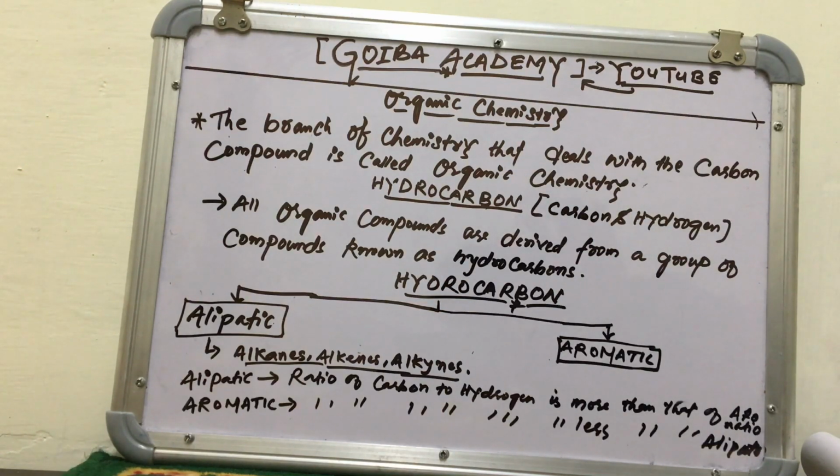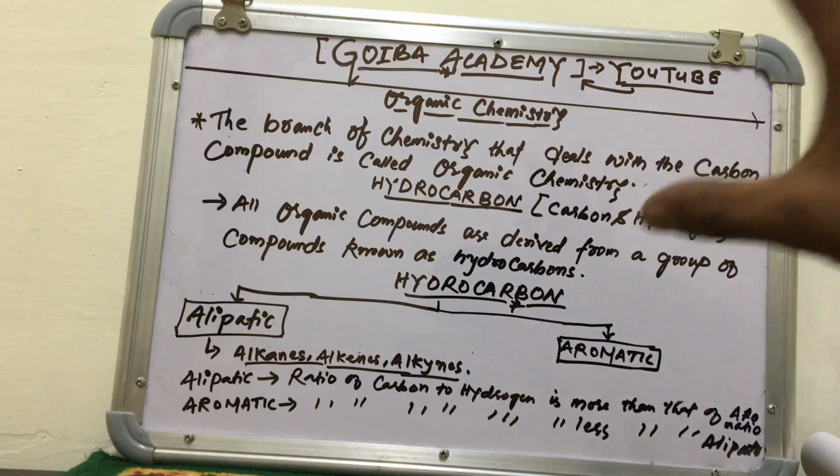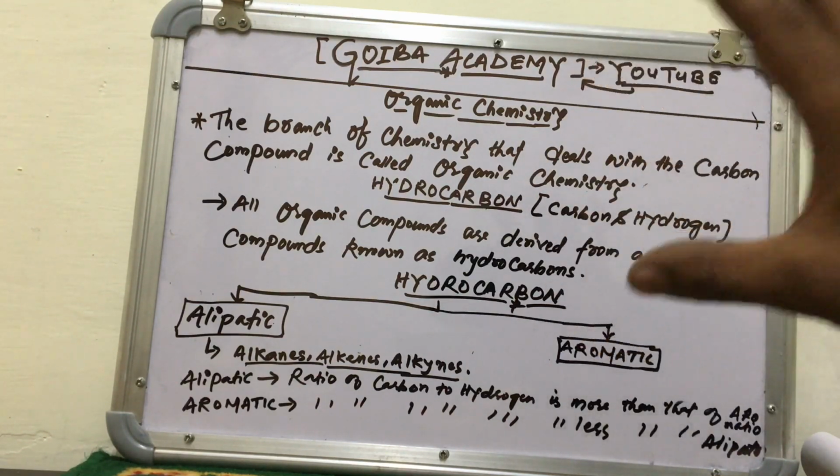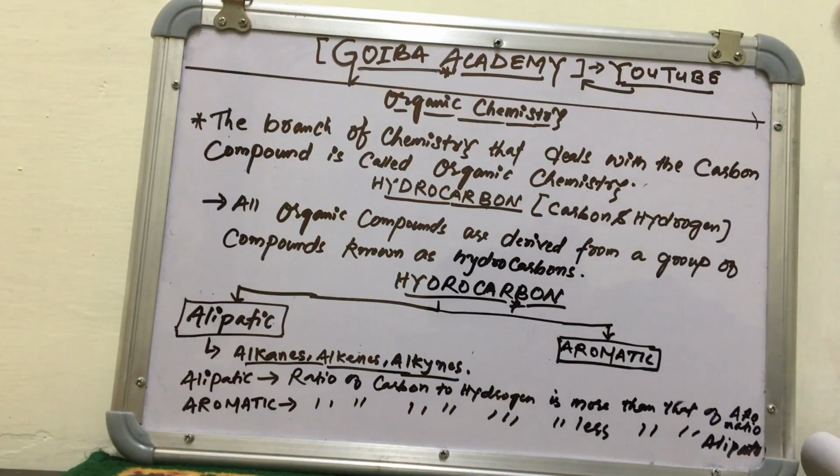Please watch till the end of this video to understand everything about organic chemistry, because it has a weightage of 20 marks in CBSE, even in 11th standard. So let's start the class without wasting time.